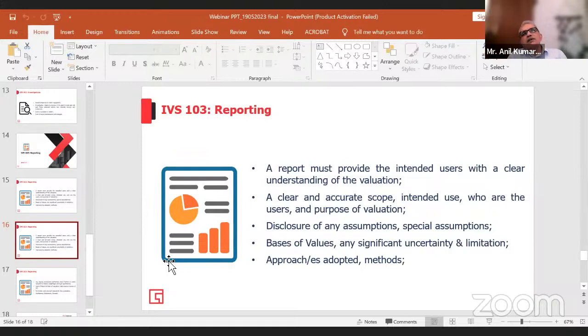So the whole alumina refinery was lying there and was basically lying there.